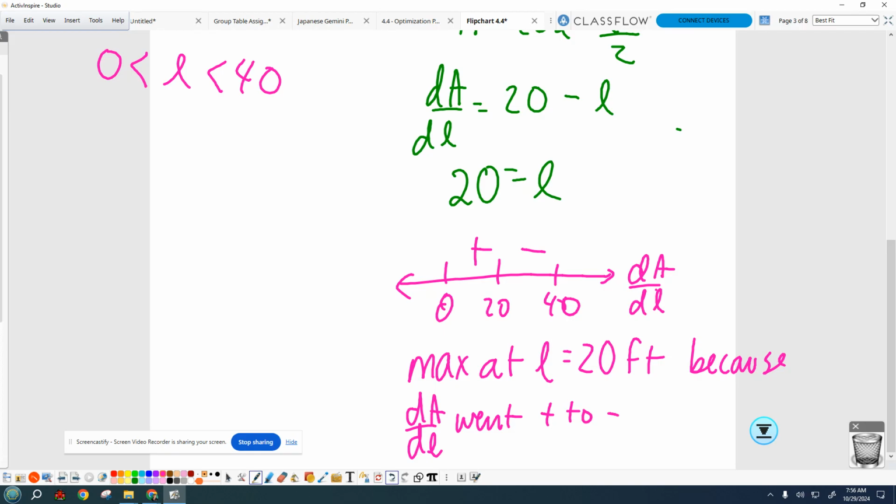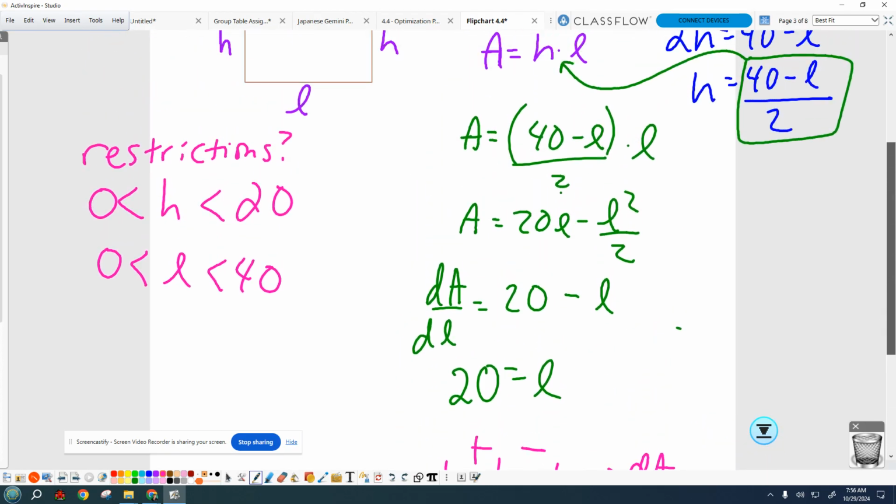That's the reasoning. The change in the area as we change the length was going up and up and up. So we hit 20 and then it started to get lower. So we're going to have a maximum area when L is 20 feet.